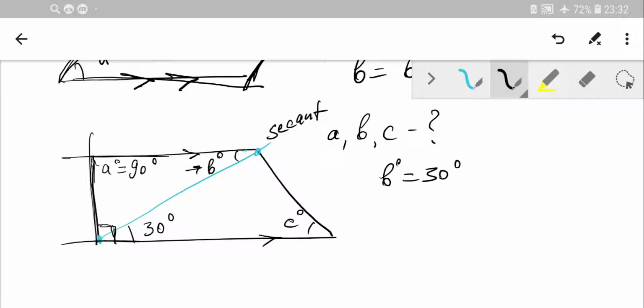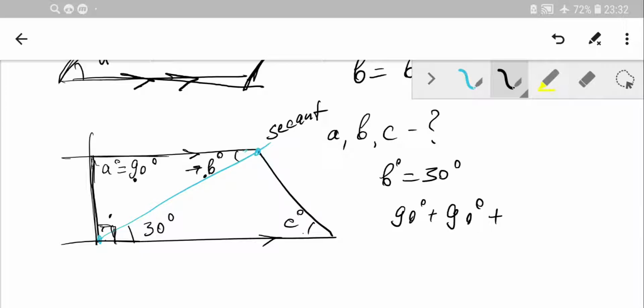So what about C? You know it's a quadrilateral, and for every quadrilateral, if you add all those angles, you'll get 360 degrees. So let's add them up. This 90 degrees, this 90 degrees, this 30, and the last C. So you'll get 90 degrees plus 90 degrees, those two, then plus B, which is 30. Oh, okay, you don't know this.